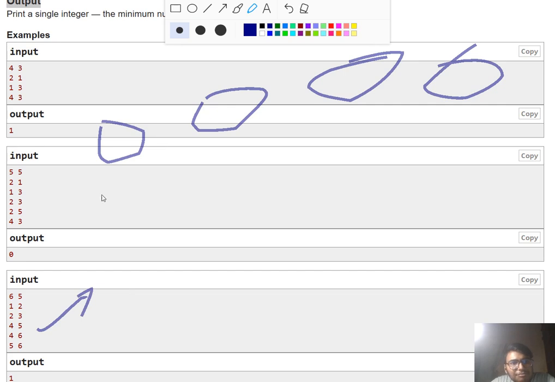If this is not having any cycle, it will contribute one. But if it has any cycle, it will contribute a zero.